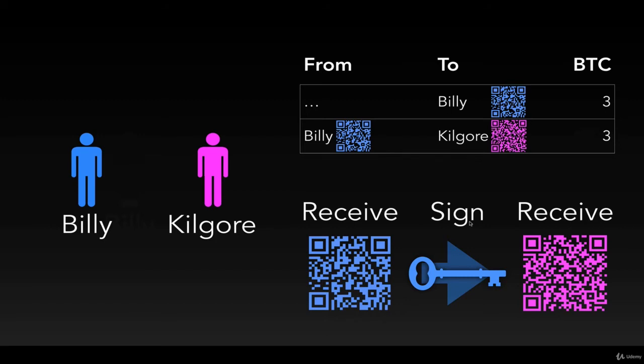He doesn't disclose the private key. He doesn't say this is the private key. He signs a transaction with the private key, just like we talked about how you could sign a file to prove that you were the creator of that file. You have the private key, and someone with the public key can verify it. Same thing. Billy can sign the transaction and say, here's the result of me signing it. You can check my work and see that it's actually me.